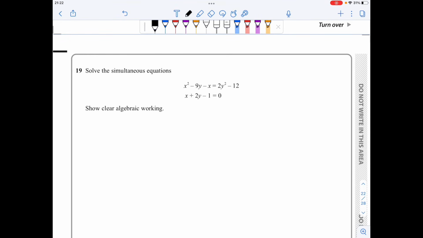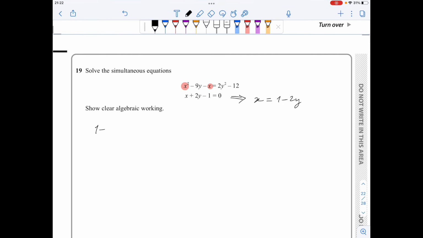In question 19, I will rearrange the second equation to get either x or y on its own. I'll go with x to avoid creating fractions. So x is equal to 1 minus 2y. And let's substitute this in the first equation. So wherever there is an x, I will replace it with 1 minus 2y.